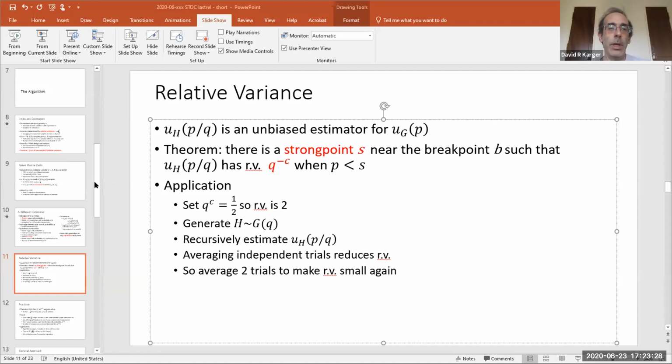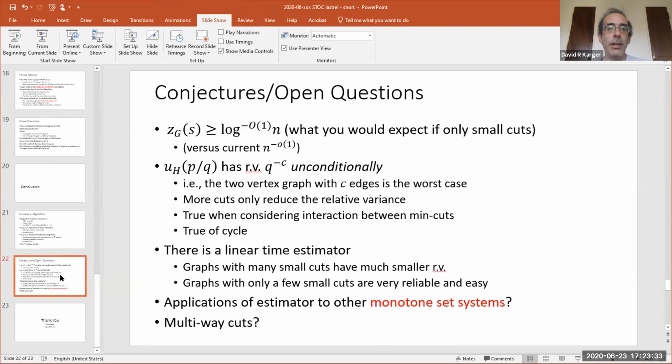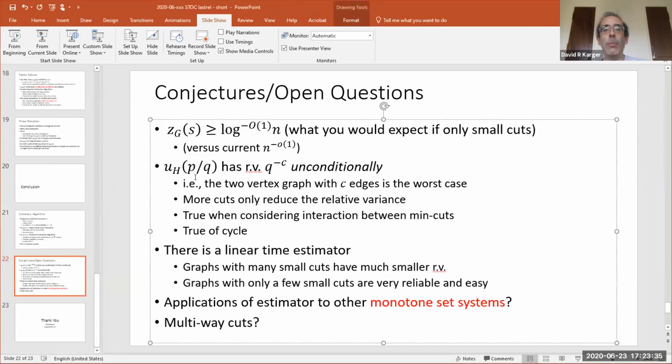I think that we've gotten quite far in understanding the evolution of graphs, and with some more work, it should be possible to show that this unbiased estimator is effective over all values of the parameter Q, and that with some tweaking, it should be possible to turn it into a linear time estimator.